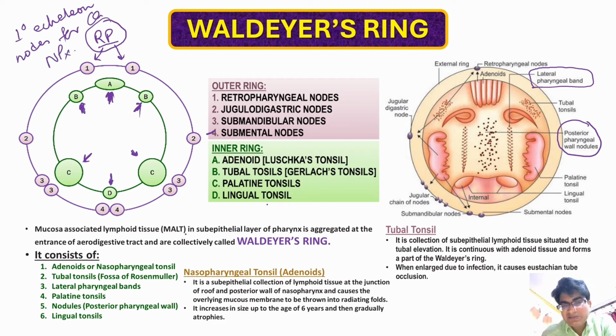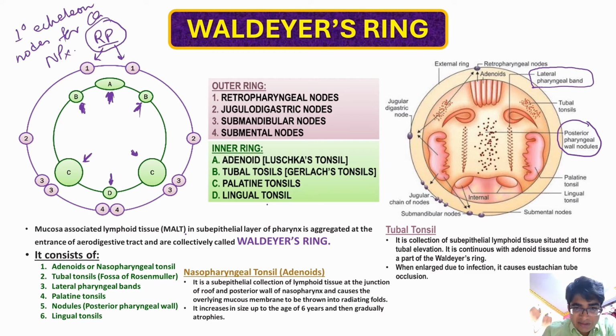Because the nasopharynx most commonly drains primarily into these retropharyngeal nodes; it is the first node to be drained.